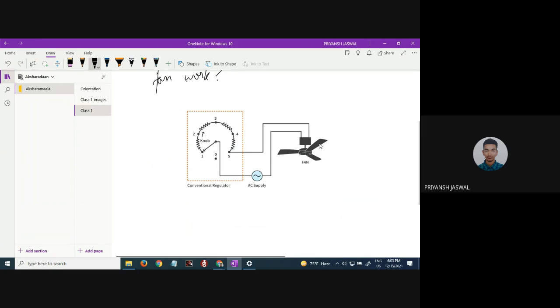So let us look at the circuit diagram. This is the AC power supply, which is coming from the power station, and it is inputted into your house in the meter box. This circular circuit inside this dotted rectangular box is the circuit for the regulator, the conventional regulator made up of resistances.